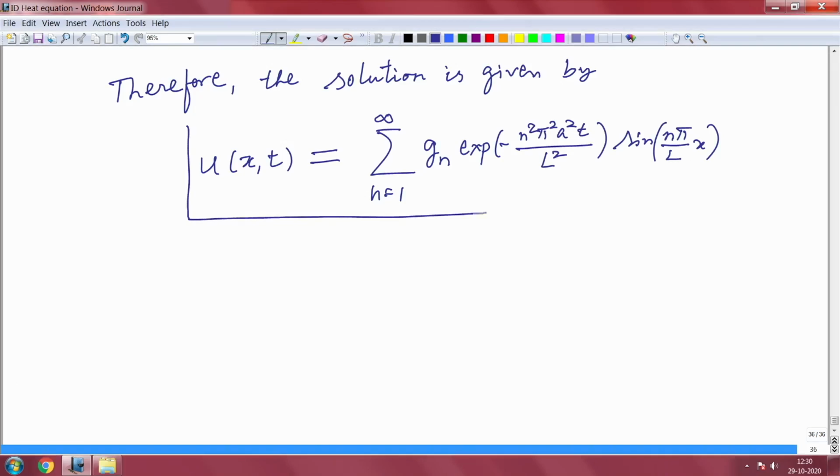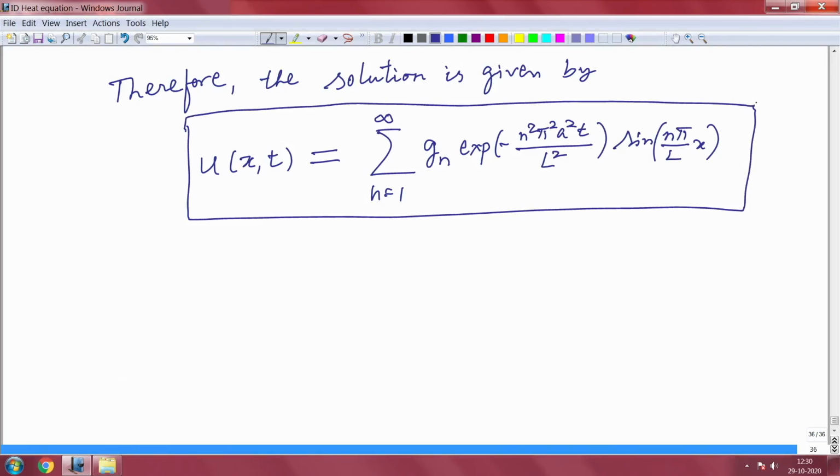So, we do get this infinite series involving sine function and exponential function. So, what we still need to do is show that u, u t, u x x exist and are continuous.